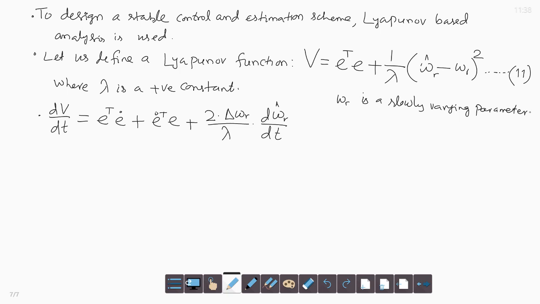Practically speed varies very slowly, so we consider speed to be a parameter. Omega r is a slowly varying parameter, so we neglect the time variation of omega r.